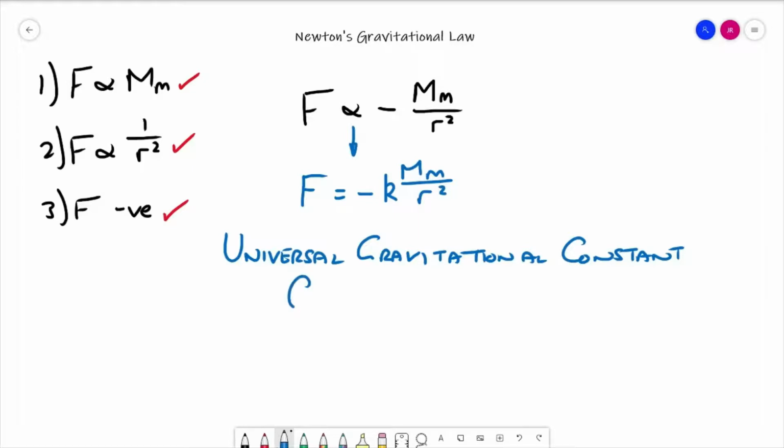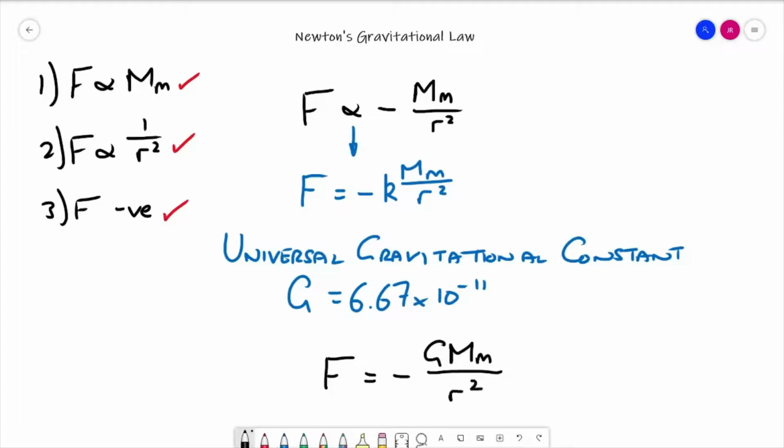It takes the symbol of a capital G, and the value of it is 6.67 times 10 to the minus 11. Now the units for the universal gravitational constant we'll look at in a few moments time. Finally then, when we put G in instead of our generic constant, what we're left with as the final equation is F is equal to minus G big M little m over r squared.